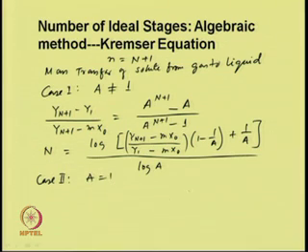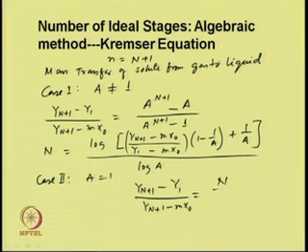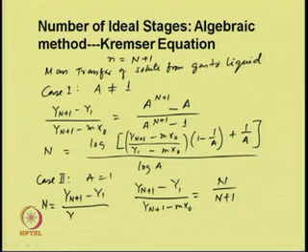In this case, we can write y n plus 1 minus y 1 divided by y n plus 1 minus m x naught will be n by n plus 1, and n we can write will be y n plus 1 minus y 1 divided by y 1 minus m x naught.